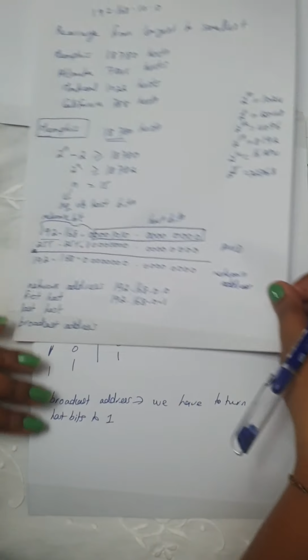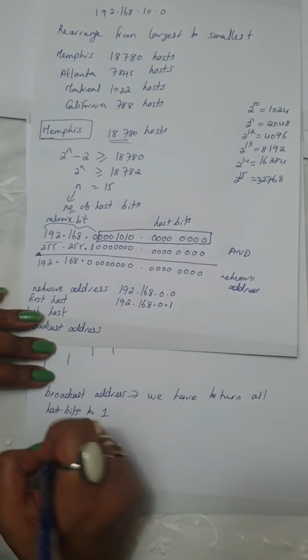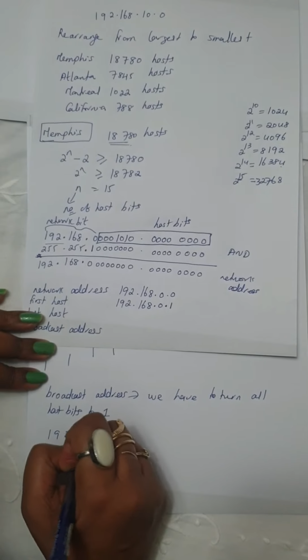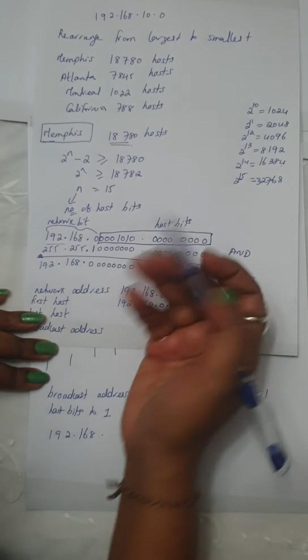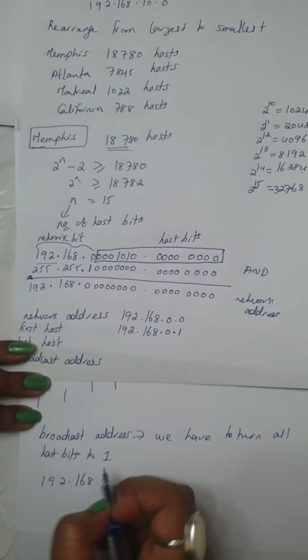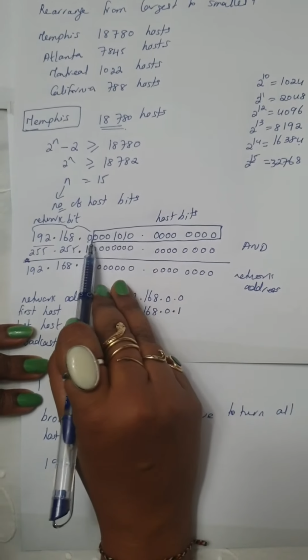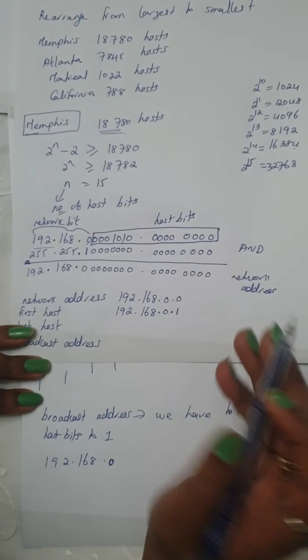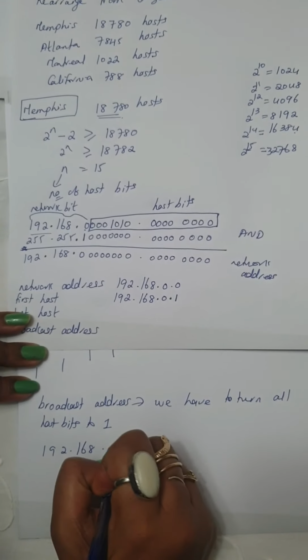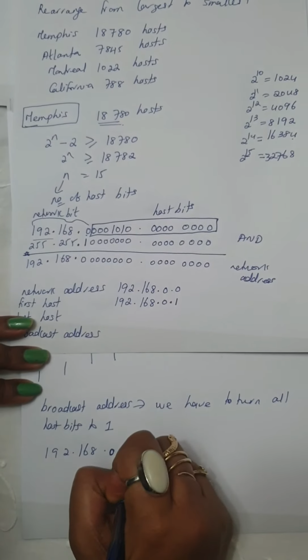So here we have 192.168. As I told you, this part is in the network portion, so it remains the same. Then all these bits are in the host portion, so they'll turn to 1.